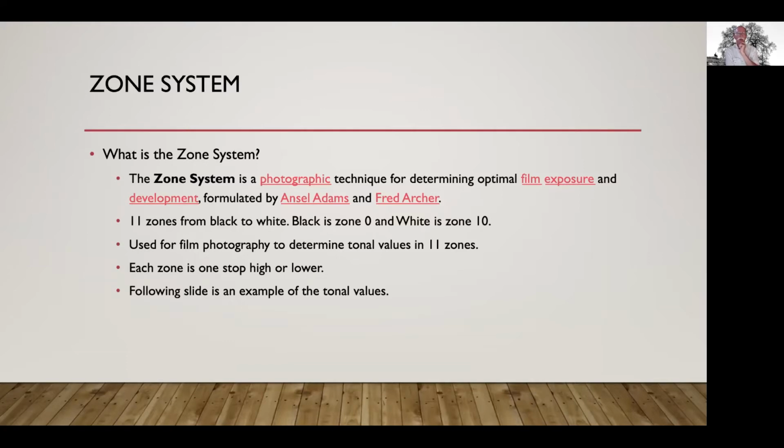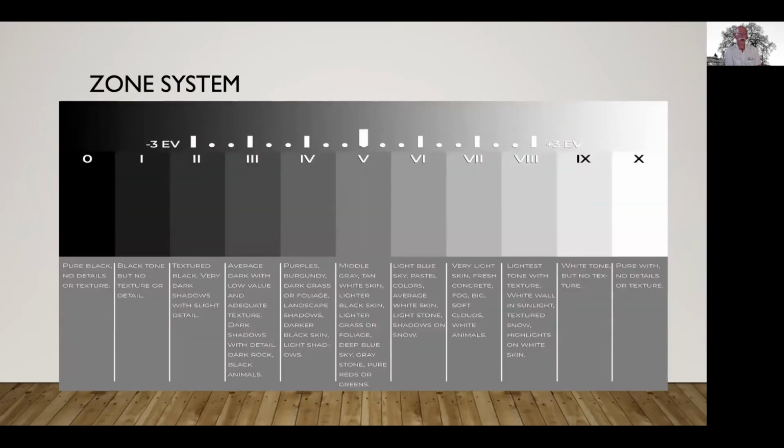It was primarily used in film photography to determine the tonal values in all 11 zones. Each zone, by the way, is one stop higher or lower, and we'll get into this in more detail. The following slide is an example of those tonal values.